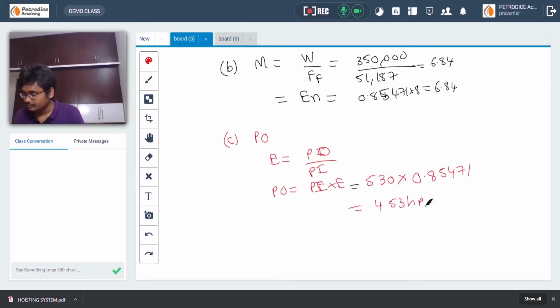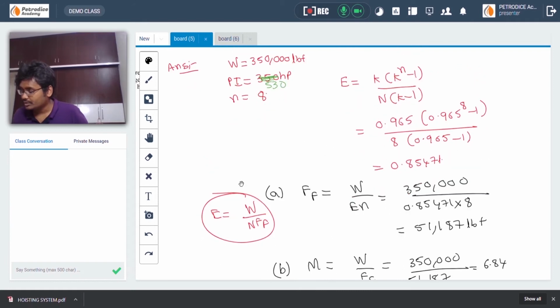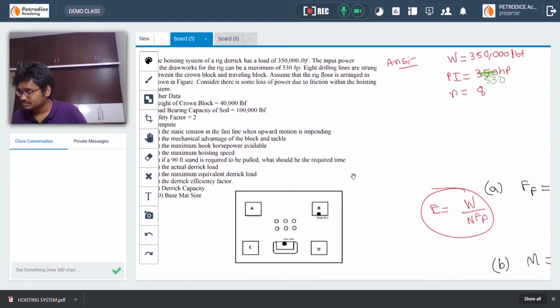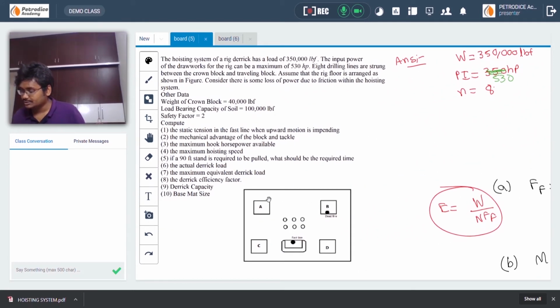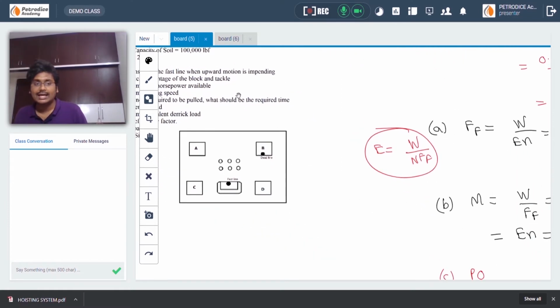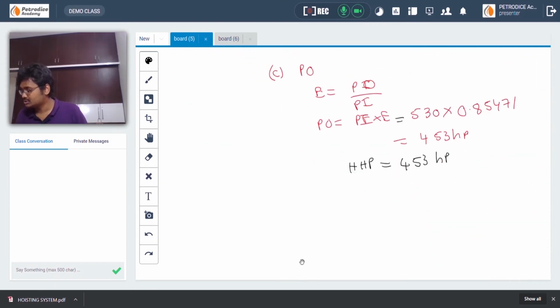That is the power output, the HHP available: 453 horsepower. Power input is 530. The next one is the maximum hoisting speed. We have to calculate the maximum hoisting speed.